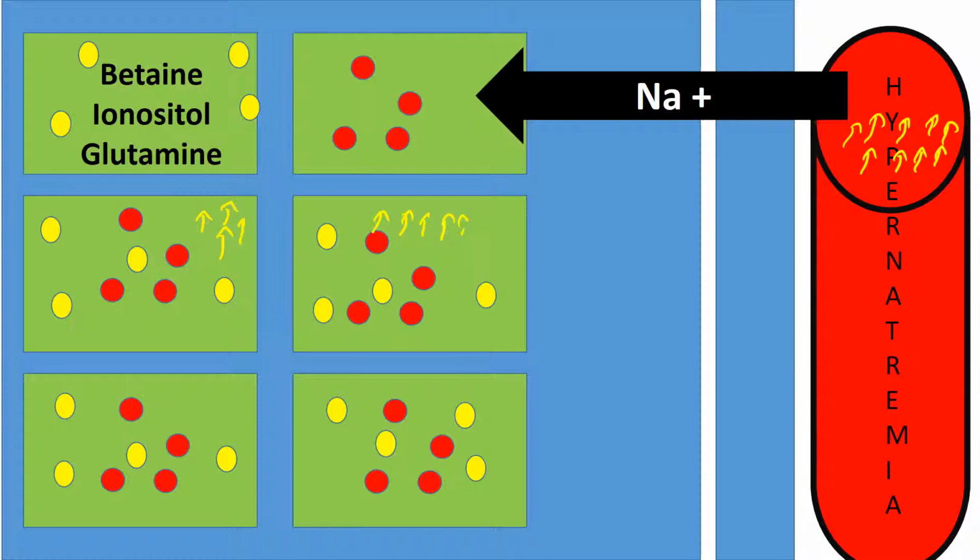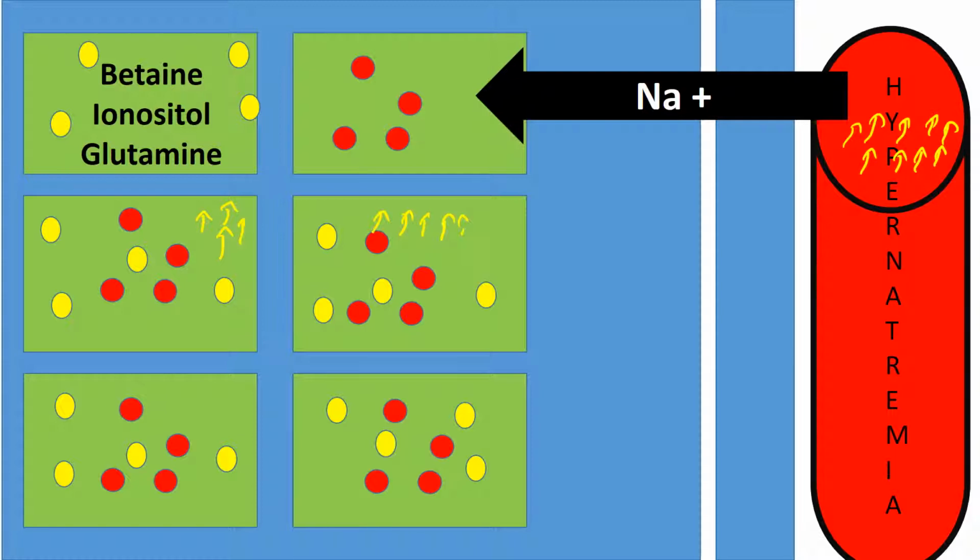Now the balance of the osmolarity is maintained between the intracellular fluid as well as the extracellular fluid. So there is no movement of fluid across the cell membrane or across different spaces like intracellular space, extracellular space. There is no movement of water.